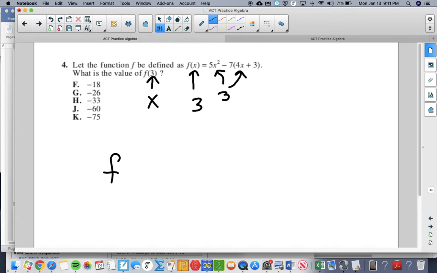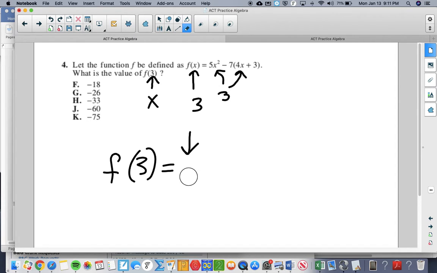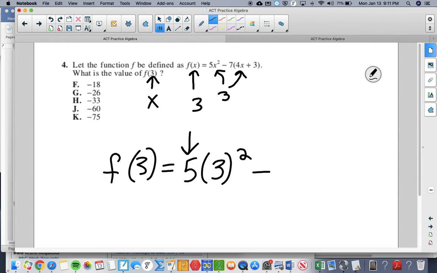This is a calculator problem, and the calculator part starts right here. So 5x squared, but no, put 3 in for the x, minus 7 times parentheses 4 times 3.